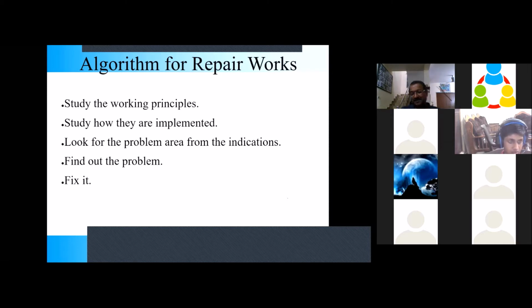Fix it and restart the chain. So it is like this way. We have to study the working principles, how these principles are implemented in the system. Then look for the problem area, find out the problem, solve it.